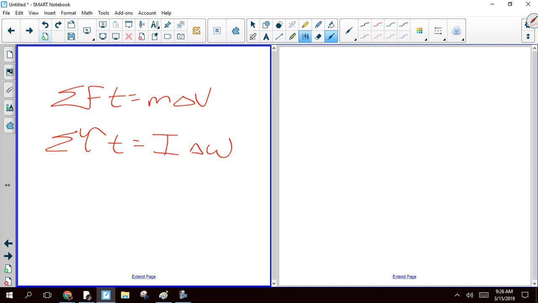Or if your torque isn't constant, then, so that's 12.2 in 1 minute.